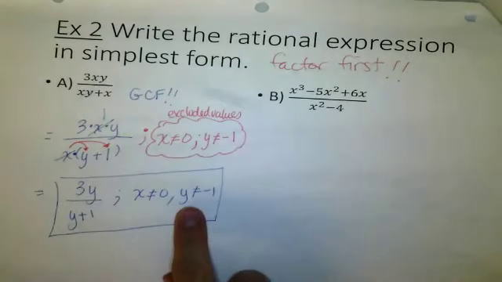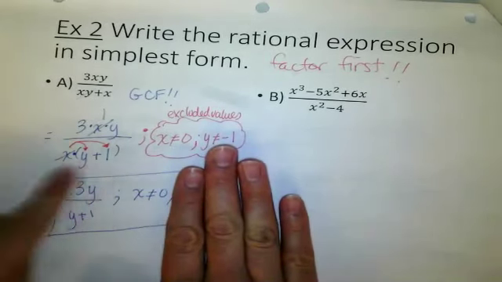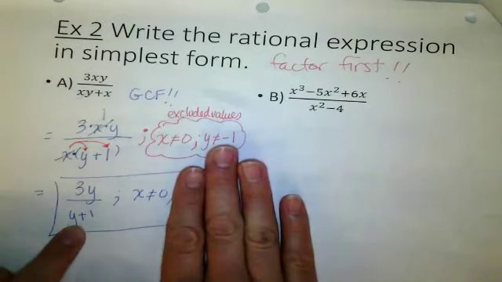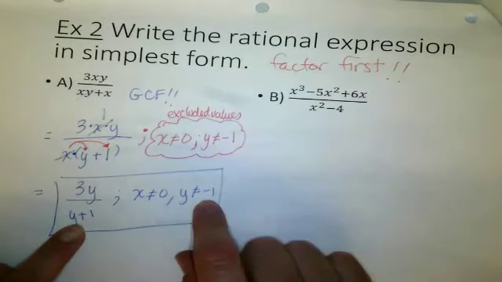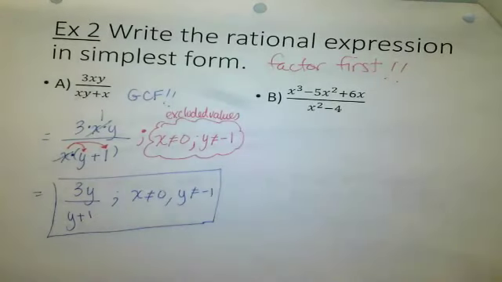That y cannot equal -1, okay? The reason your book might not have that is because your book looks at this answer and says, oh, it's understood that y is not allowed to be -1. I don't know if you understand that yet or not. I certainly don't. So I'm just spelling it out. Does that make sense to you? We're being very explicit instead of being just sort of implied, okay? I'm more about just being upfront with things.